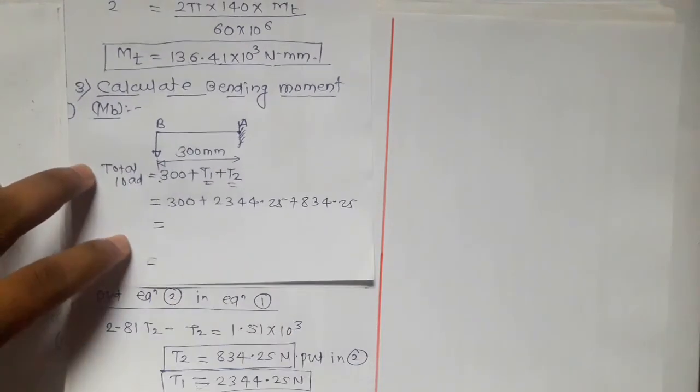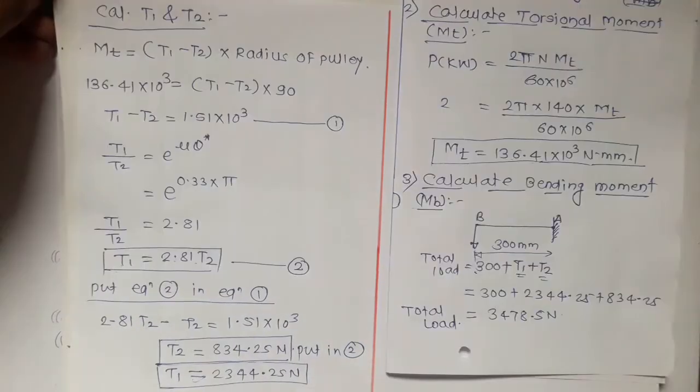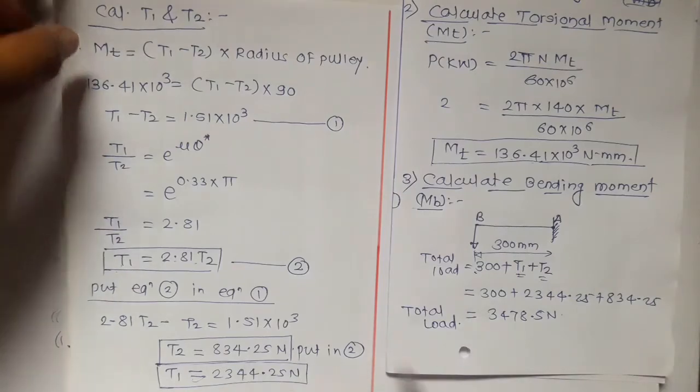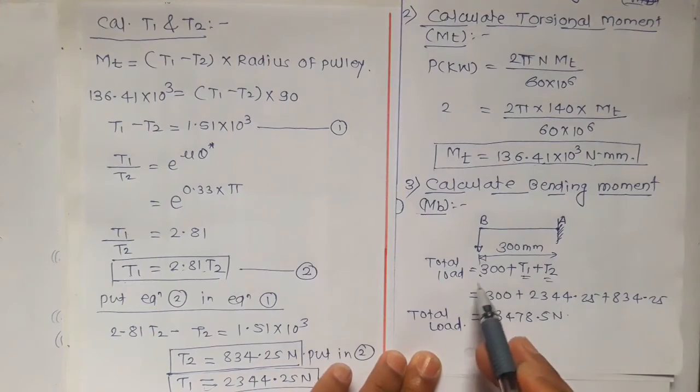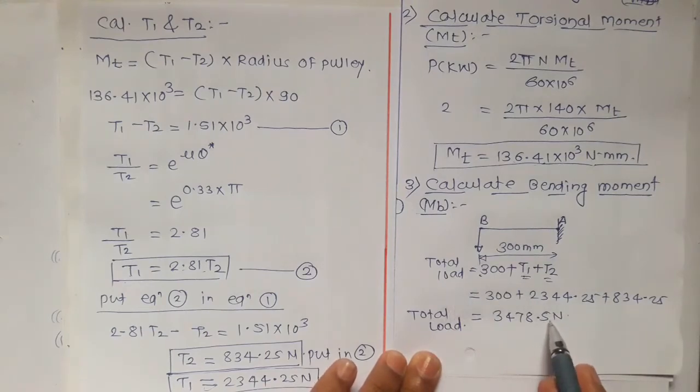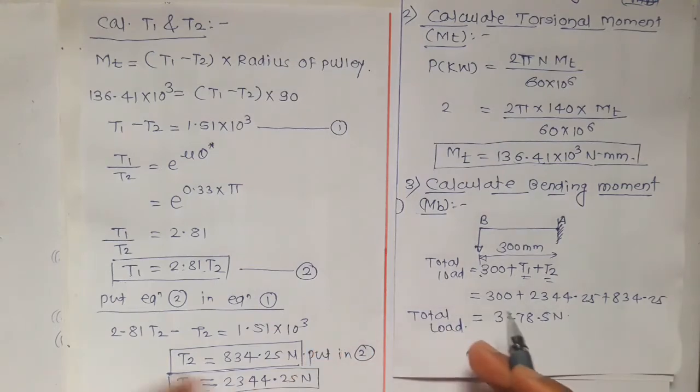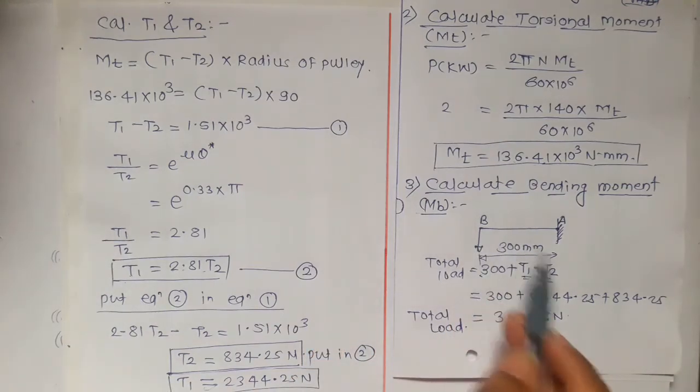By adding the values of T1 and T2 to the self weight of pulley, we got the total load as 3478.5 Newton.